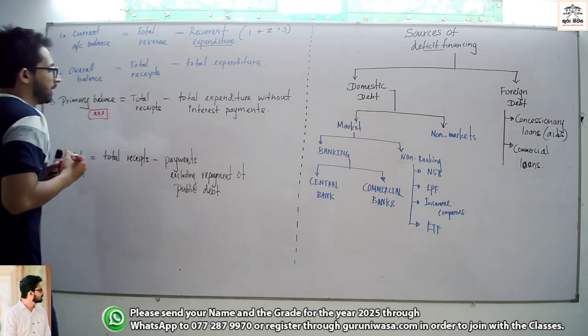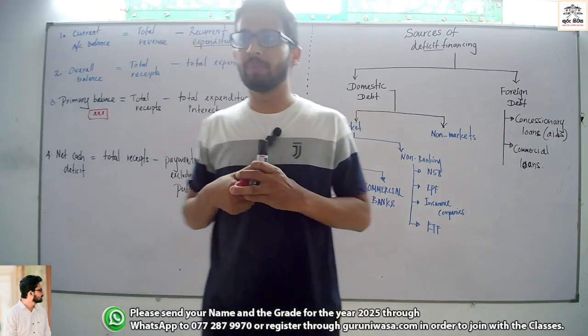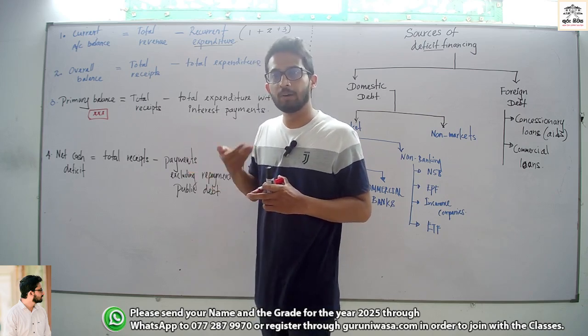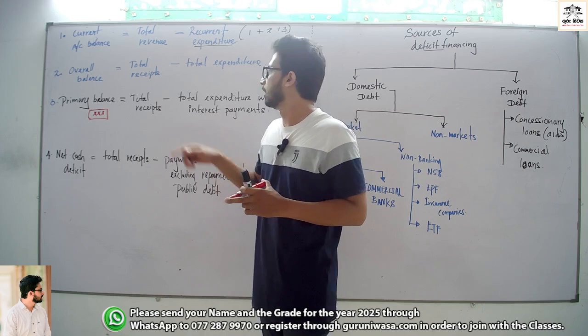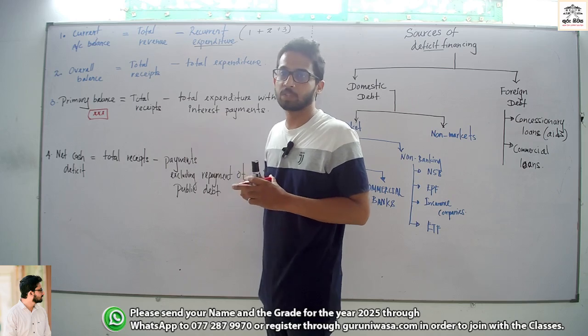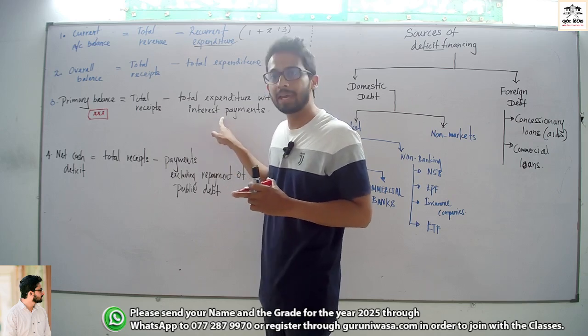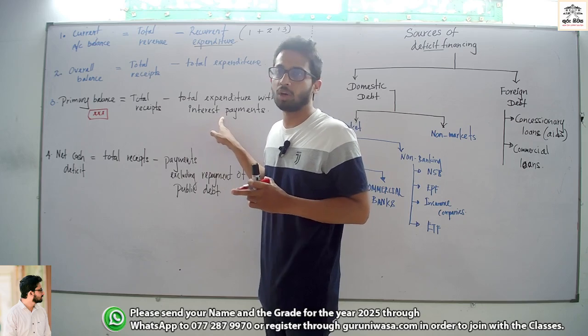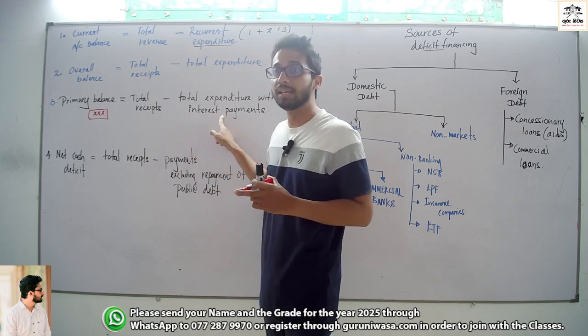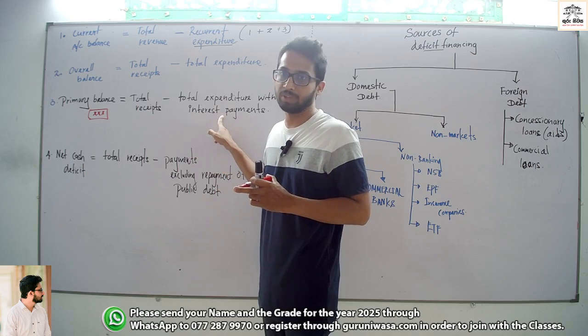Primary account balance, what does it mean? It calculates the government's budget situation without the interest burden, without interest payments, because interest payment is not the result of the policies of the new government. These are an inherent burden of interest from previous governments.